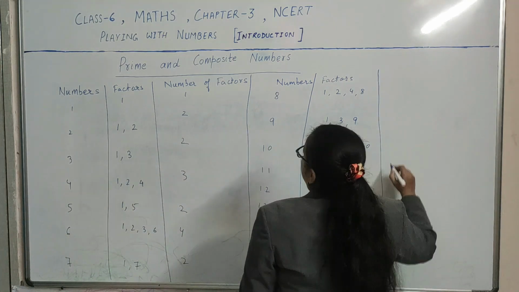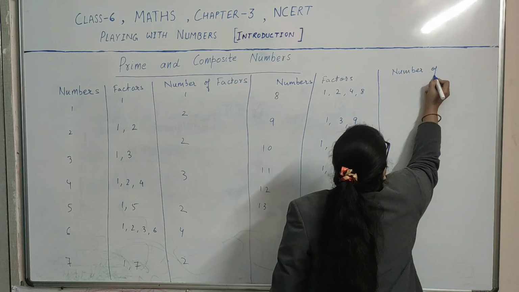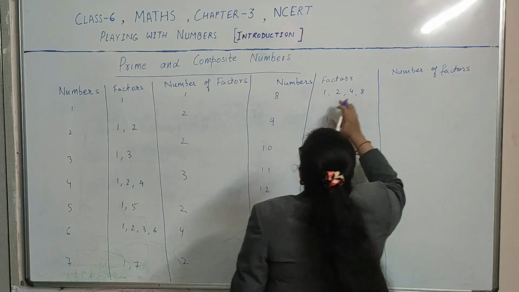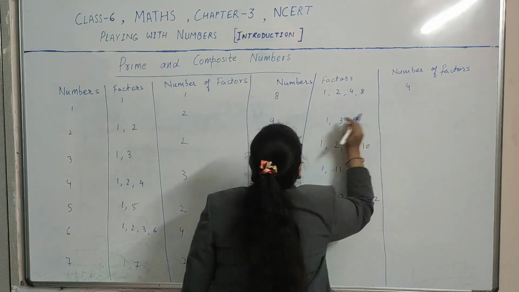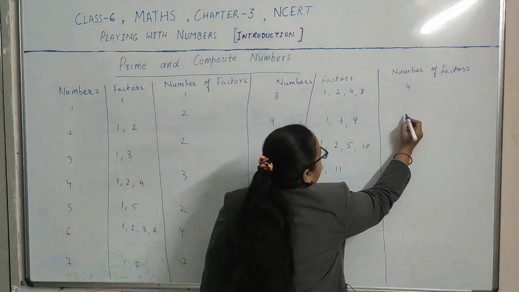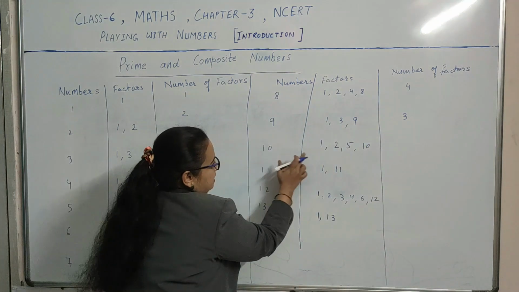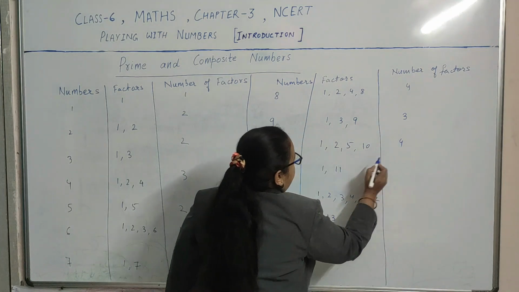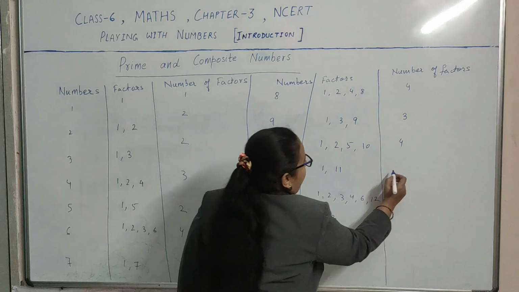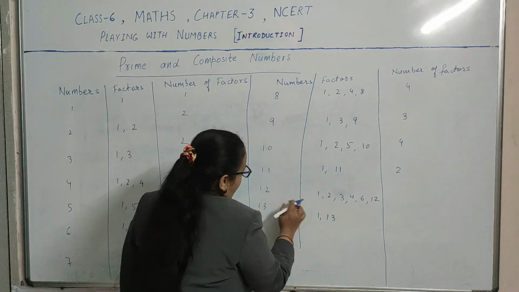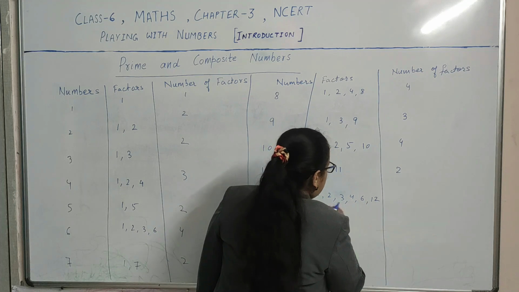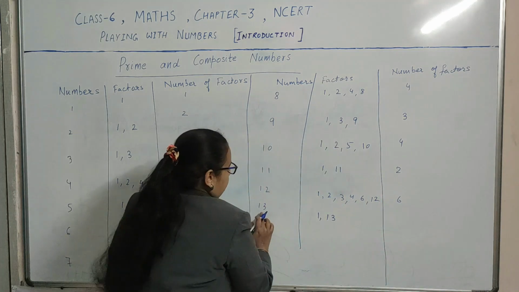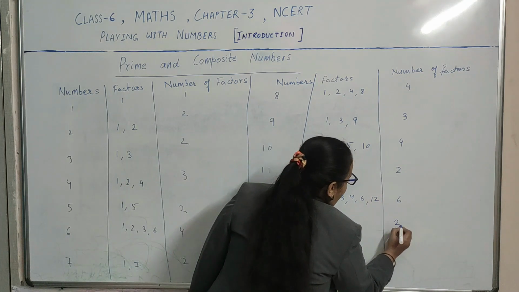So now the number of factors. 8 has 4 factors. 9 has 3 factors. 10 has 4 factors. 11 has 2 factors. 12 has 6 factors. And 13 has 2 factors.